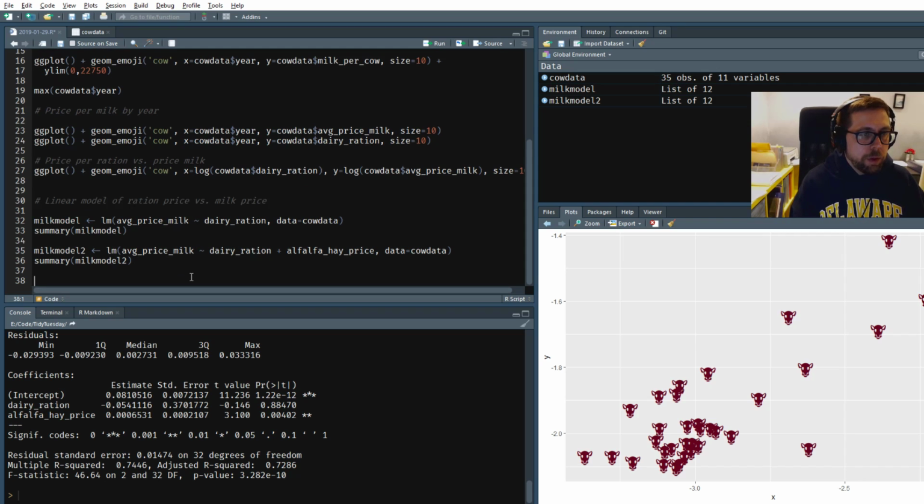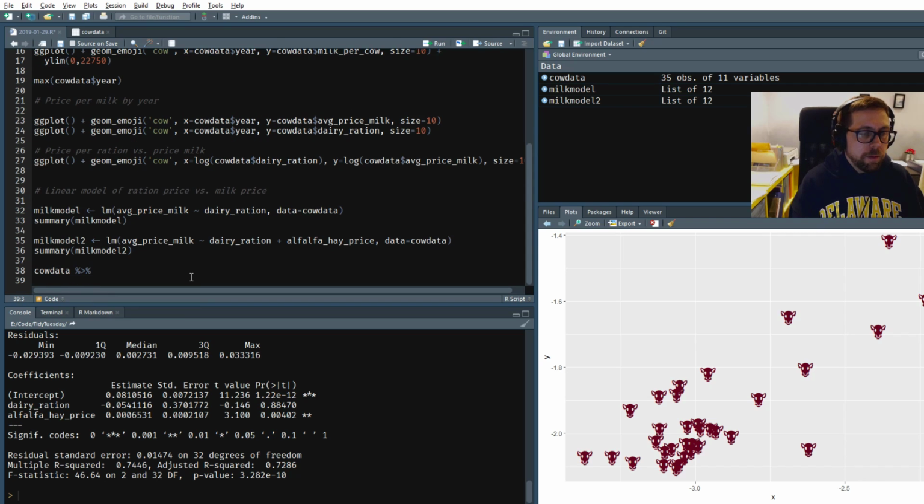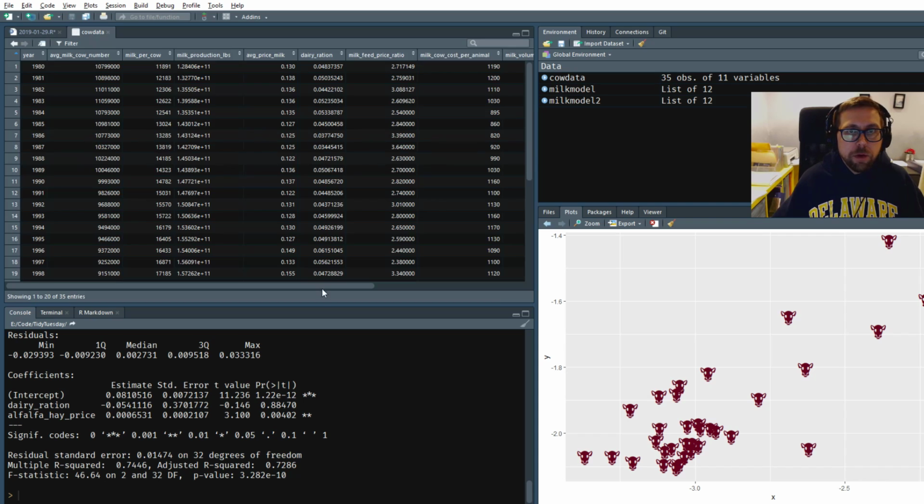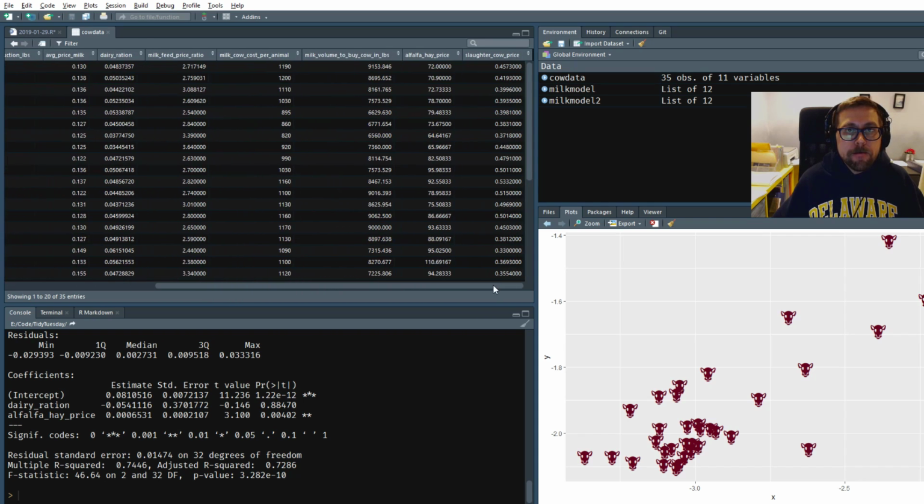So we can plot those, of course. So we could do, let's do a mutate. Although I'm a little bit nervous because I think the alfalfa hay price might be in, well, that's per ton, so that's okay. I just want to make sure that they're on sort of the same scale.